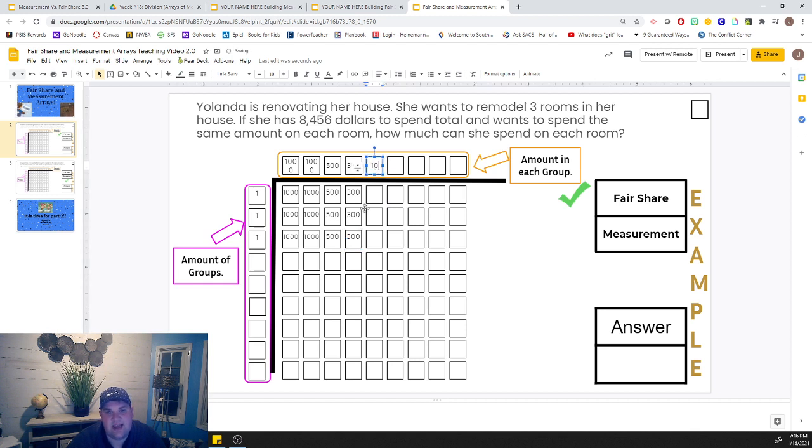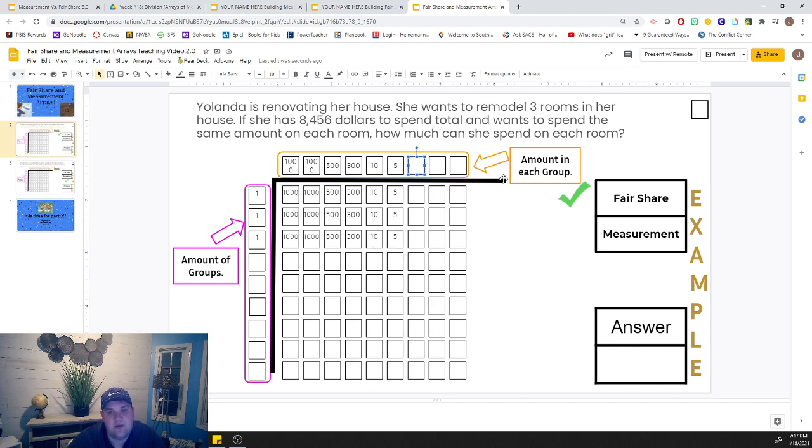So if I give $10 to each room now, I have $8,430, and then $5. Now I have $8,445 in each room.